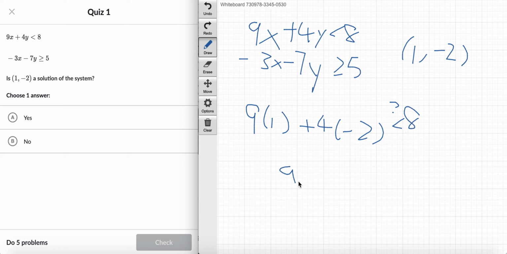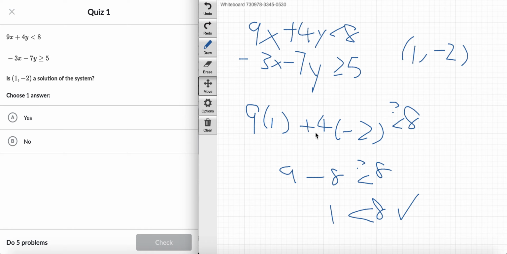So 9 minus 8, is that smaller than 8? Well, 1 is smaller than 8. So it does satisfy the first inequality.